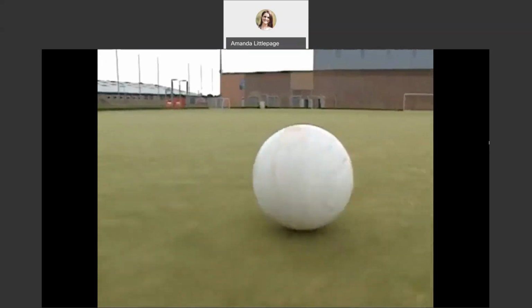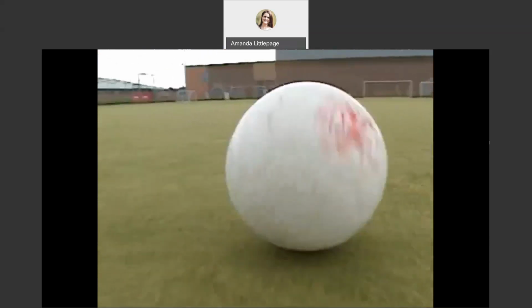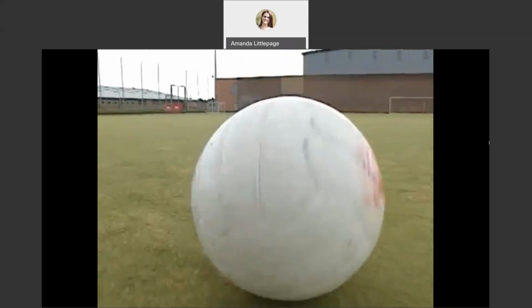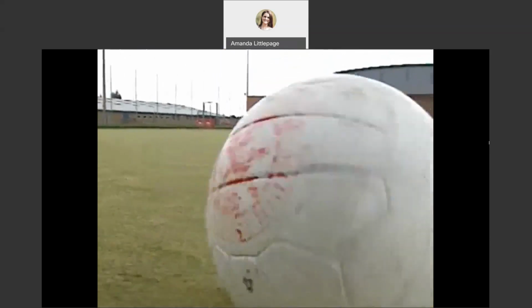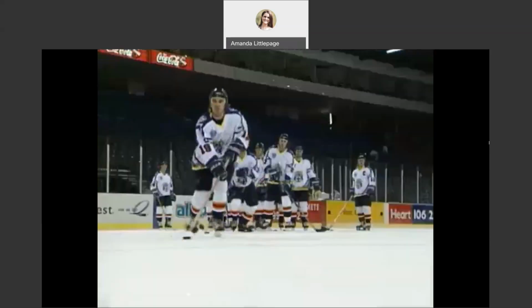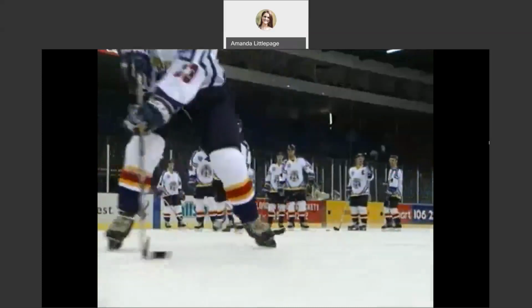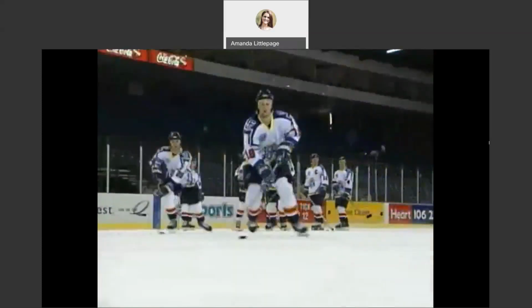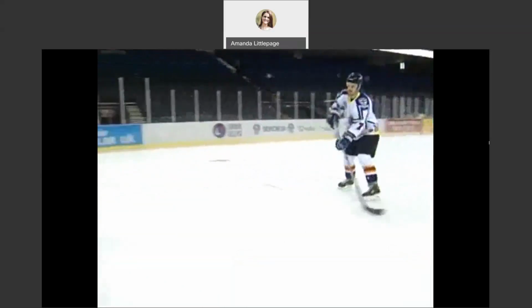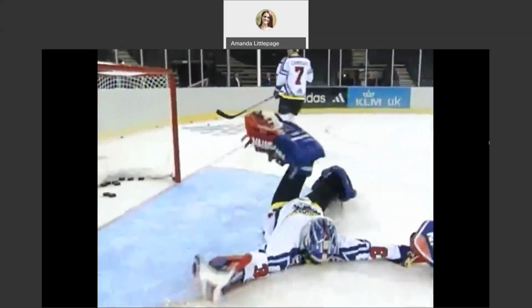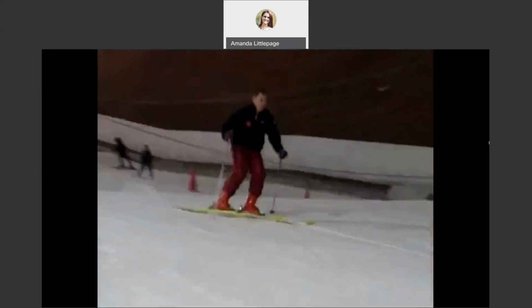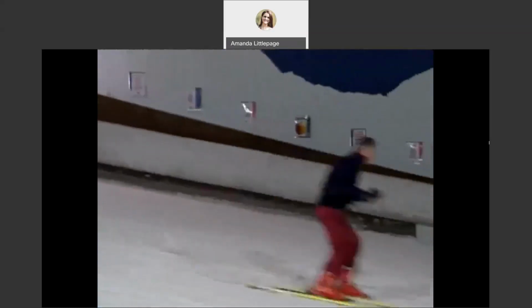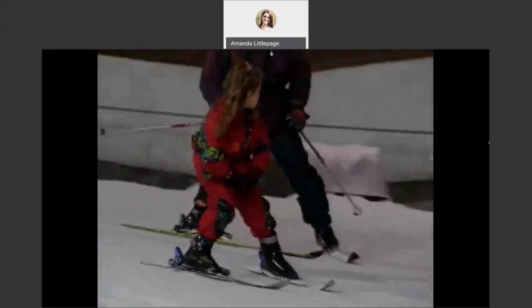Have you ever thought why the ball you kick eventually slows down? Why does the puck in ice hockey move so quickly on the ice? Why can you ski easily on ice but not on grass?